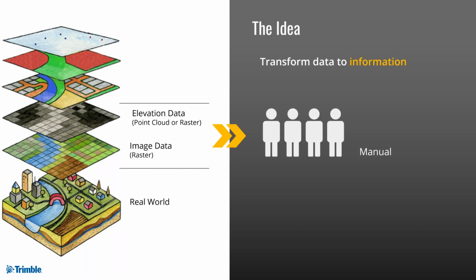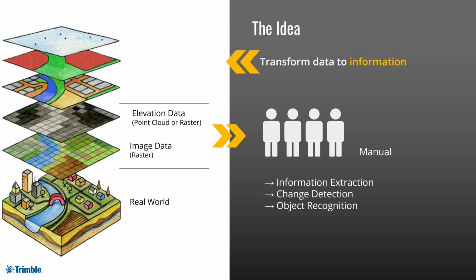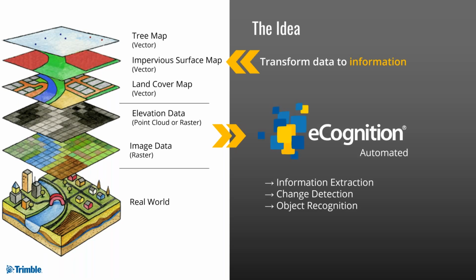For those of you that might be new to Trimble eCognition, just a brief description of the general idea. We are a software platform that gives you tools for automating various elements of feature extraction. So we can take our elevation, raster data sets, vector data sets, and we want to identify certain features in those.